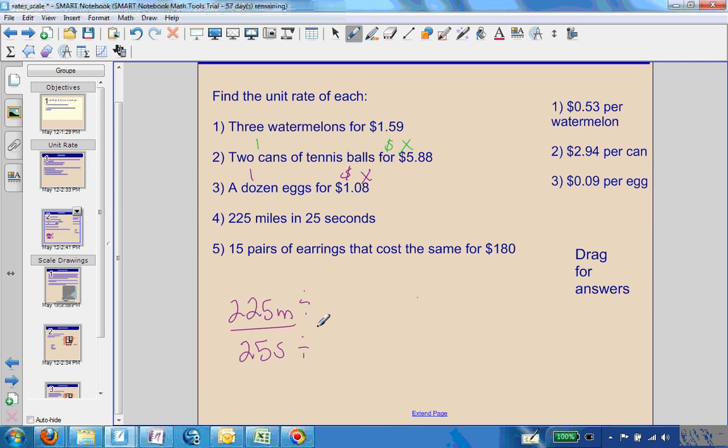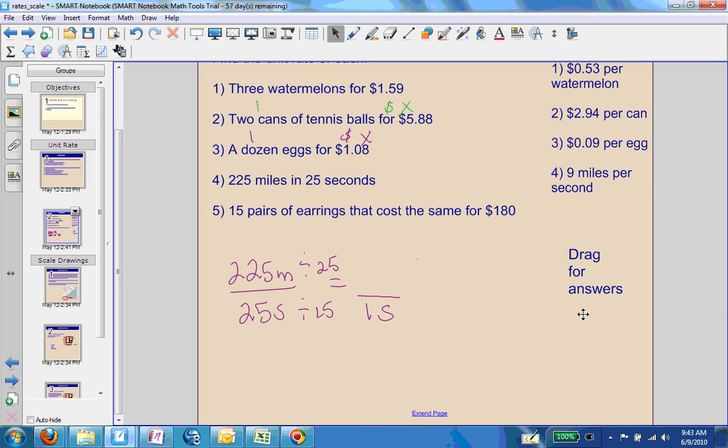We're going to figure out how many miles per second. So we want this to be a 1, so that means we're going to end up dividing the top and bottom by 25. And when you do it that way, you get the same thing as if you did a proportion, and you end up with 9 miles per second.